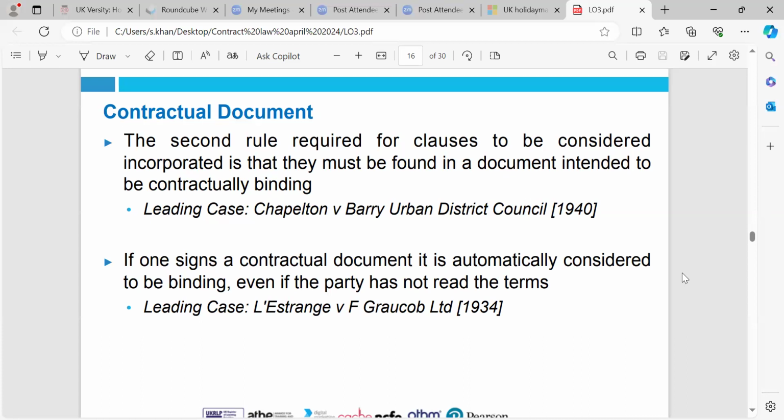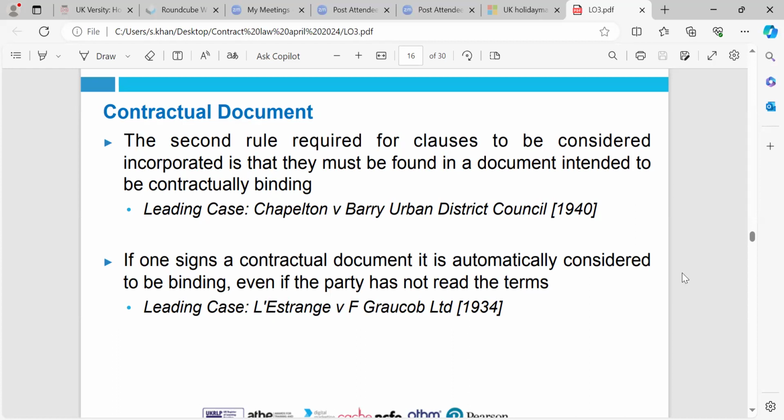Chapelton purchased tickets and placed them in his pocket. On one side of the tickets, the council purported to exclude liability for any accidents caused by hiring the chairs. Chapelton sat down and the canvas gave way. He sought damages from BUDC and it was held that they had effectively excluded liability.